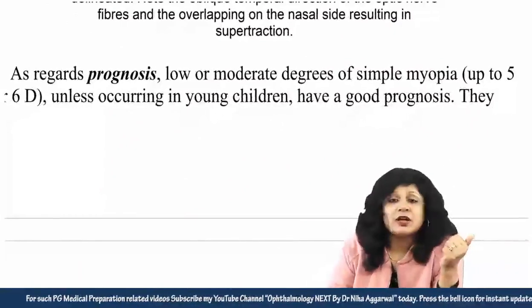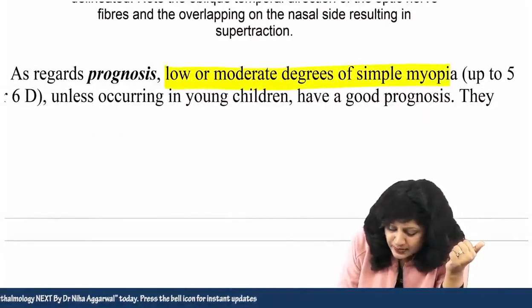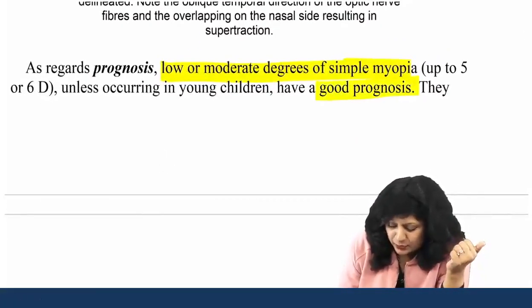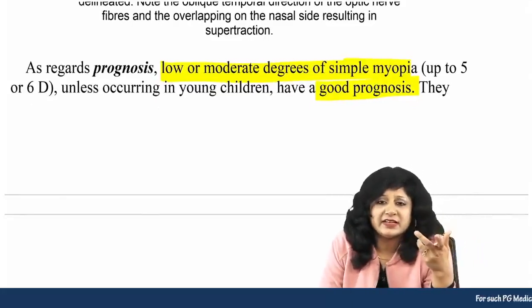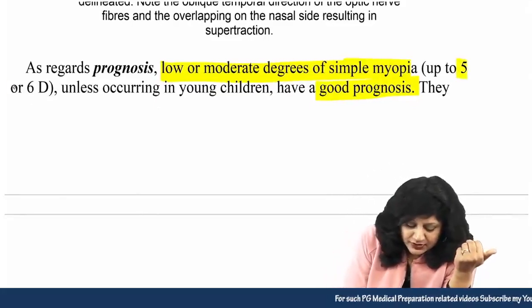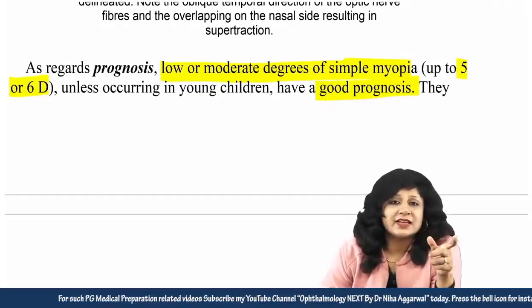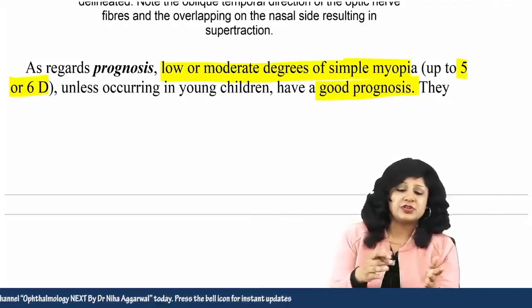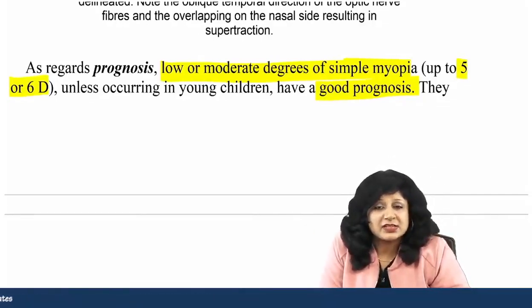Now, if I talk about the prognosis, then low to moderate degree of simple myopia, they have a good prognosis. So all those children who are having just simple myopia, not a very high degree, just 5 to 6 diopters, this has a good prognosis, unless it is occurring in very, very small children, because in such small children we do not expect them to cooperate and wear the spectacles all the time.